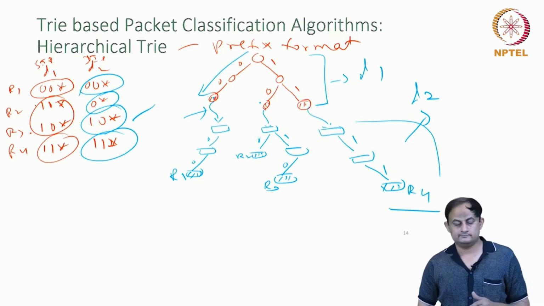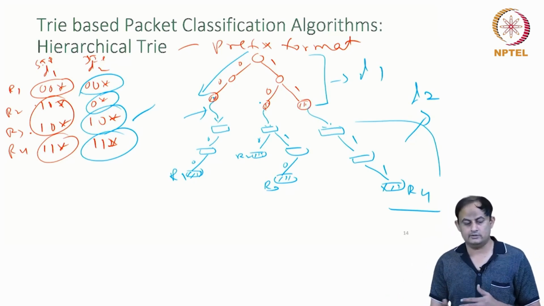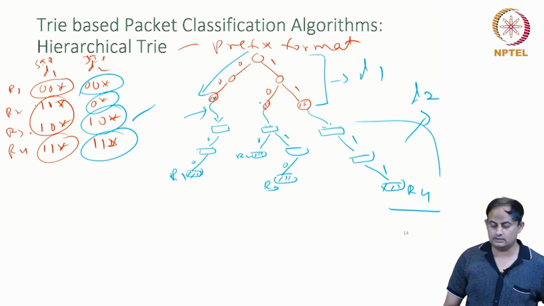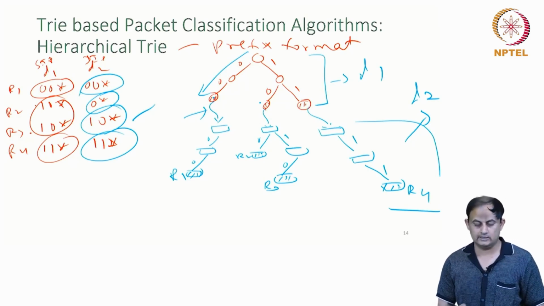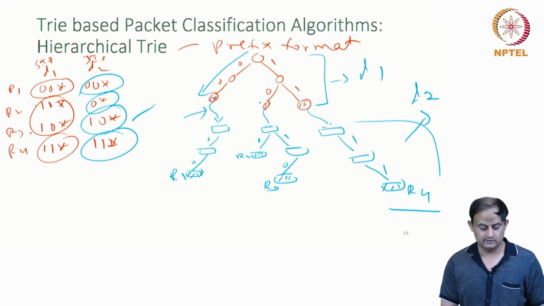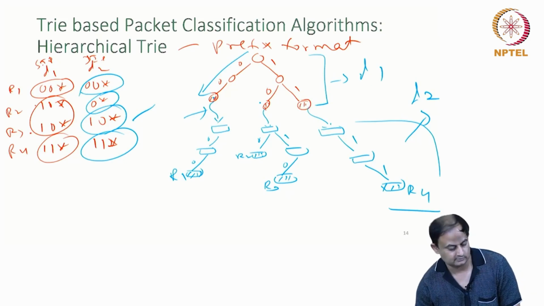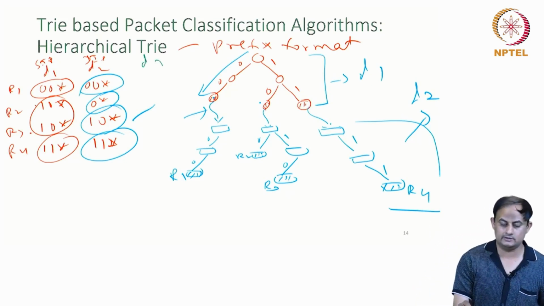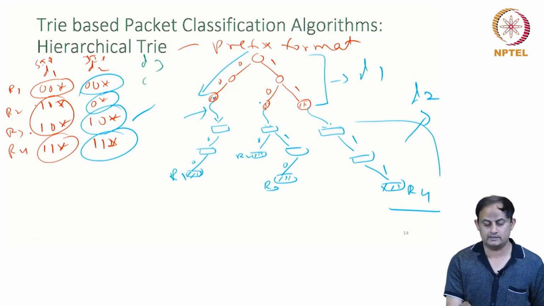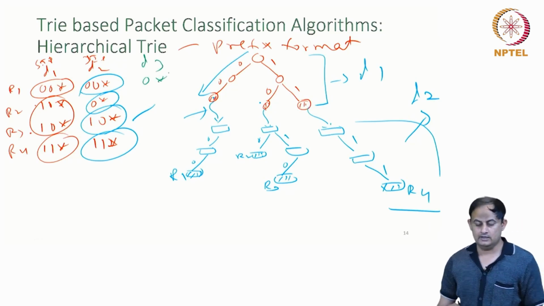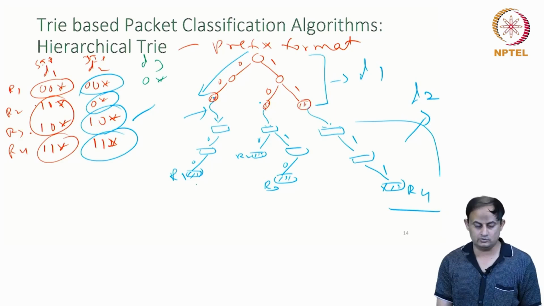So like this, I can go to any number. If I have a third dimension, let's say dimension D3, then the combination is something like this. If dimension D3 is in prefix format, let's say this is 0 star, and what I need to do is go to R1.